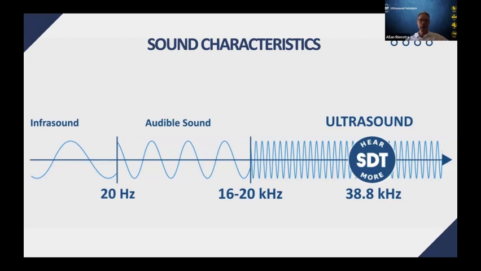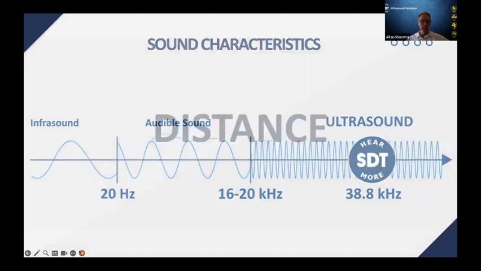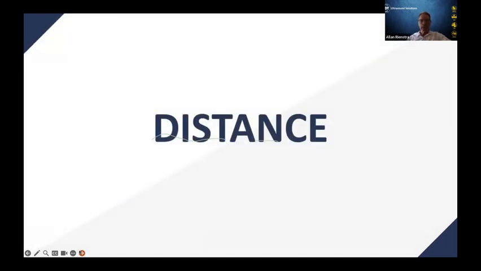As we go higher in the frequency range, you can see very clearly that the wavelength gets shorter and shorter as we go higher in the ultrasonic range. And what that does for us is it gives us an idea of these classifications.